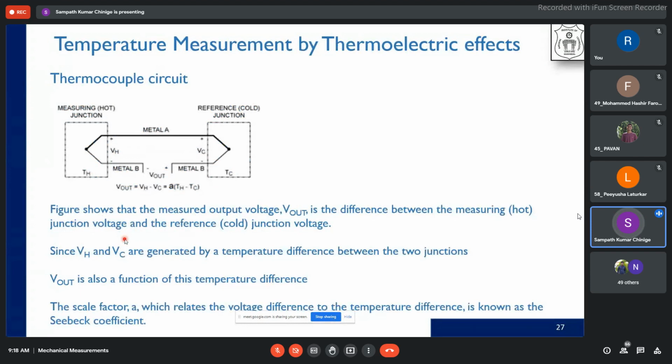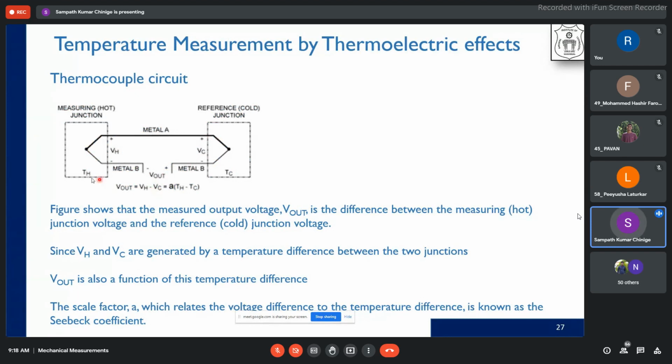So now we will go on and look at the thermocouple circuits. The figure shown above shows the measured output voltage. We have metal A, and we also have metal B, which is an open circuit, for example, not a closed circuit. If we close the circuit, then electricity will be produced.